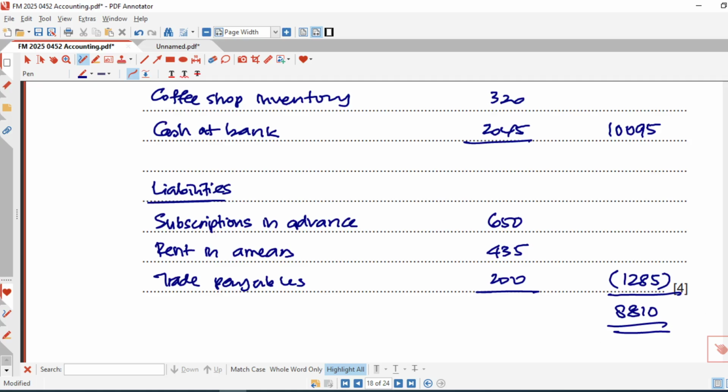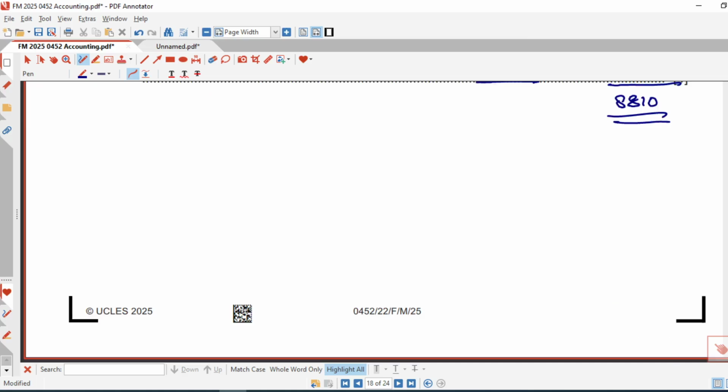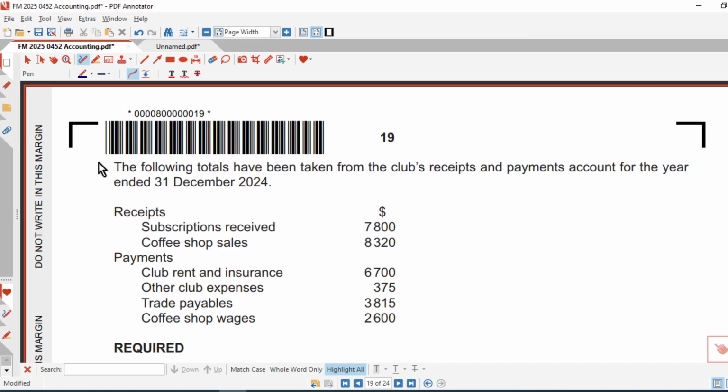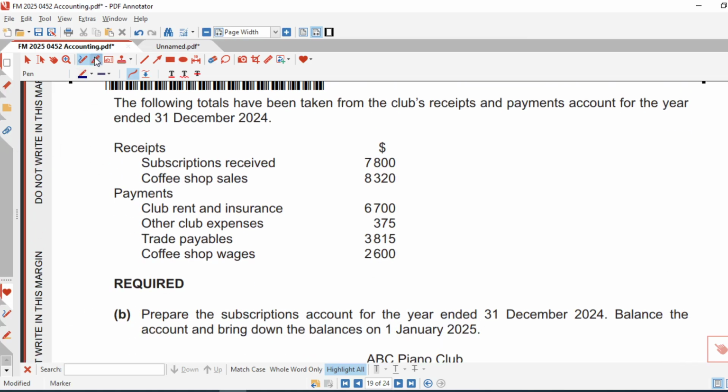So let's move on. Let's bring you over to the next question. Now, the following totals have been taken from the club's receipts and payments account for the year ended 31st December 2024. So when they mention receipts and payments, this is all your cash in and your cash out for the year.